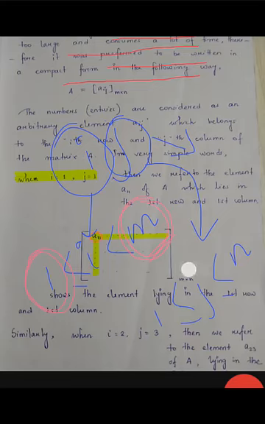Similarly, for j, the number of columns of the matrix is n, and the value of j can attain values in between 1 and n, including both values, meaning j is greater than or equal to 1 and less than or equal to n. So this should be taken care of.